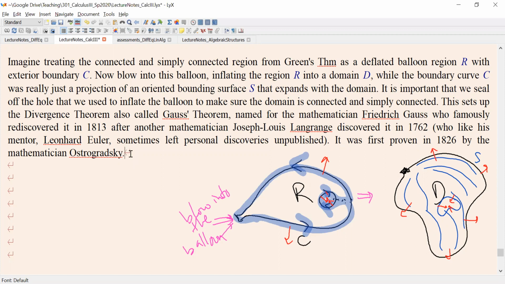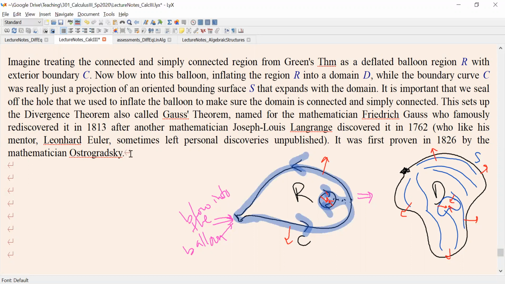It was named after Gauss, who rediscovered it famously in 1813, though it had been discovered nearly 50 years before that, in 1762 by Joseph Louis Lagrange, who, like his mentor, Leonhard Euler, sometimes left personal discoveries unpublished, or at least didn't push for recognition. He published so much, just like Euler had, that sometimes he just did stuff for fun.